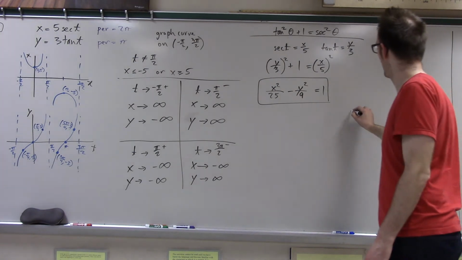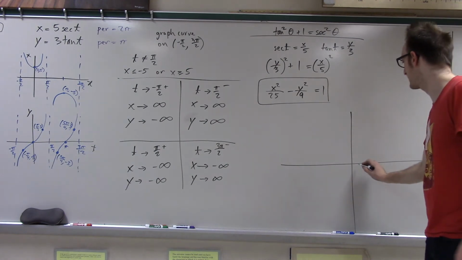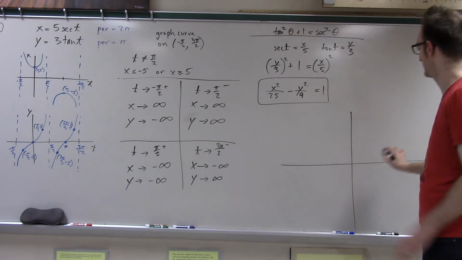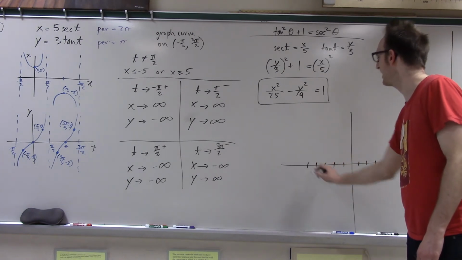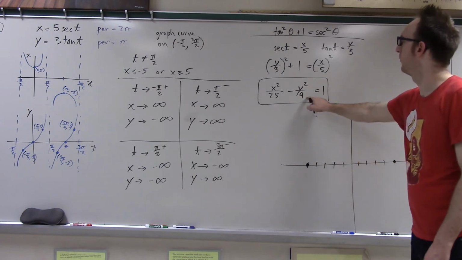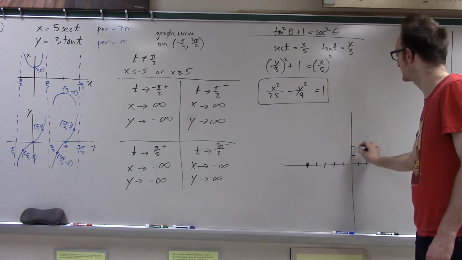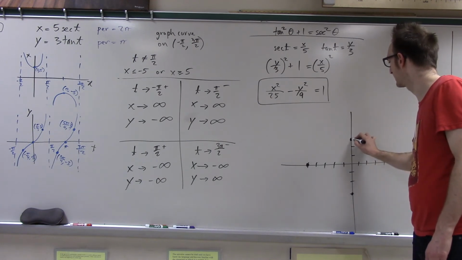Okay, let's now make an annotated sketch of what's really going on. This is a horizontal hyperbola. So 1, 2, 3, 4, 5. The vertices are going to be here and here. The y coordinate has been stretched out by a factor of 3. So we got a little bit of this and a little bit of that.